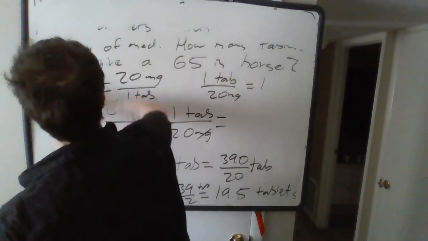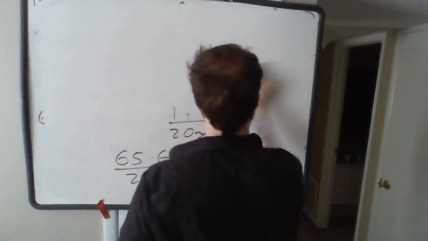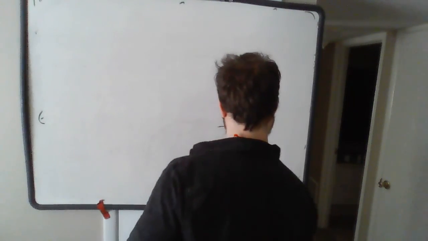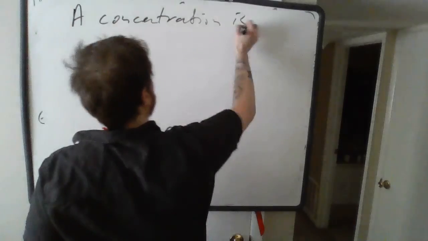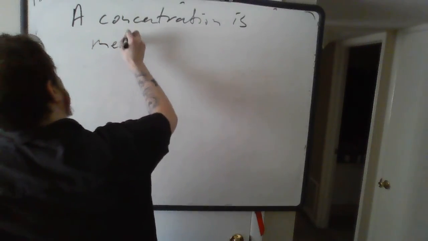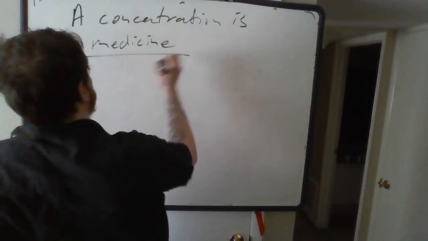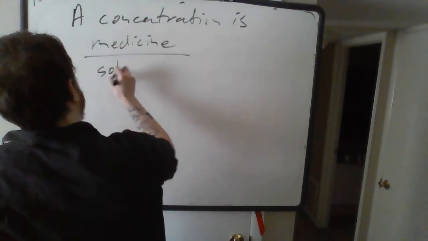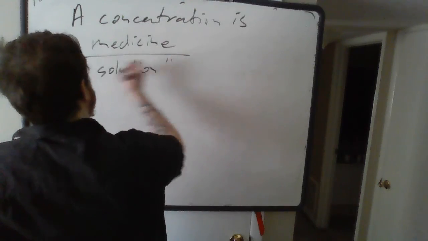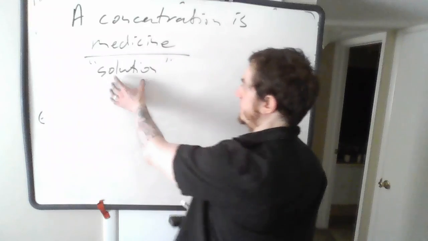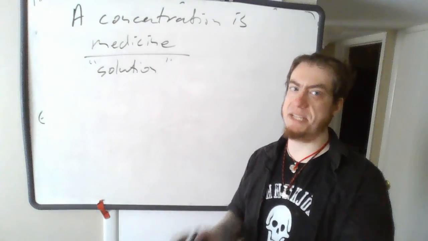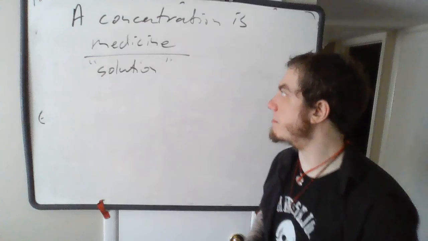To summarize how to deal with the concentrations: a concentration of a dose is the medicine per the solution in which you put the medicine. Now, I'm going to put solution in quotation marks here because it doesn't necessarily have to be a liquid solution. It could be a tablet or something like that, like in the previous example.